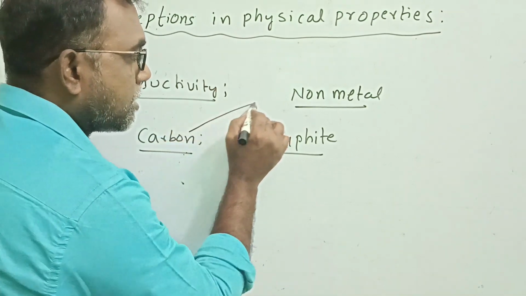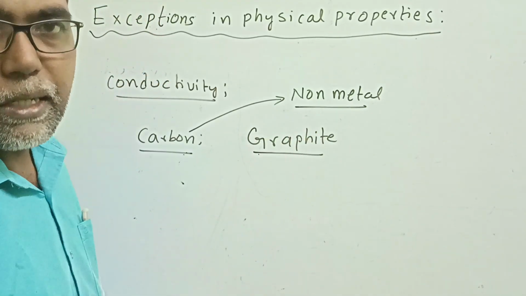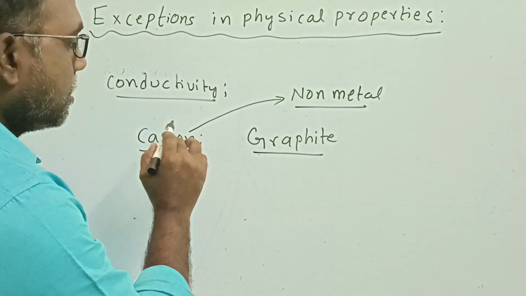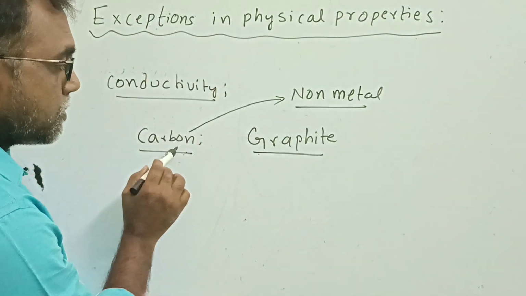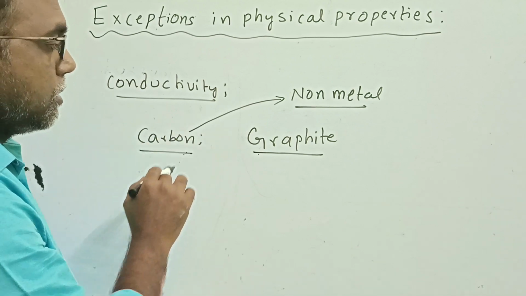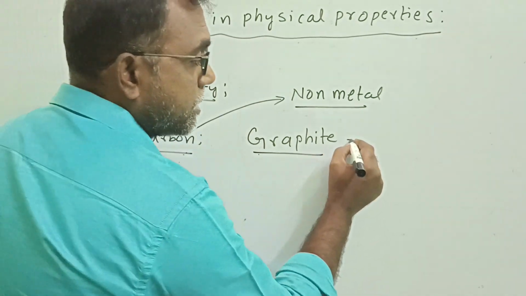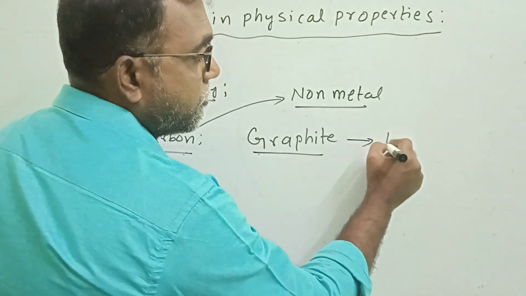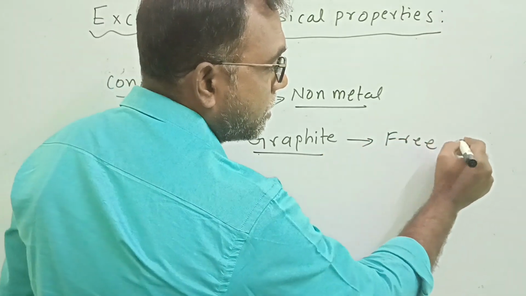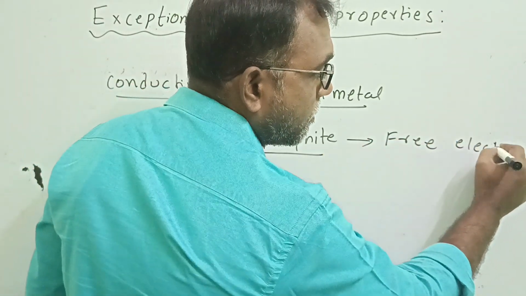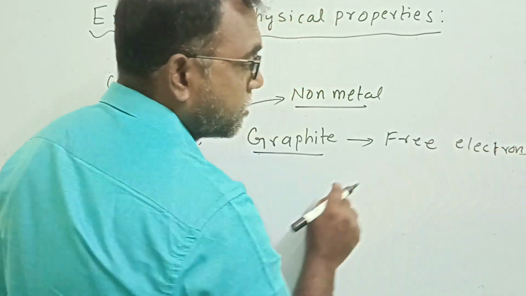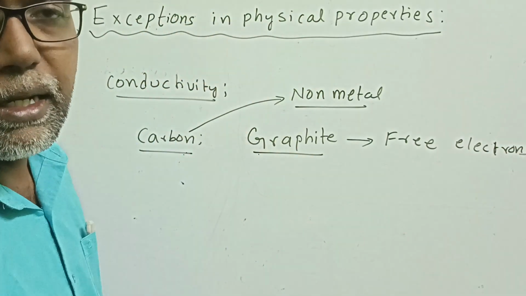Here carbon comes under which category? Non-metal category. So one exception here is that carbon is a non-metal, but in the form of graphite, it allows current. Why does graphite allow current? Because it has free electrons. Due to free electrons, graphite is able to conduct electricity.